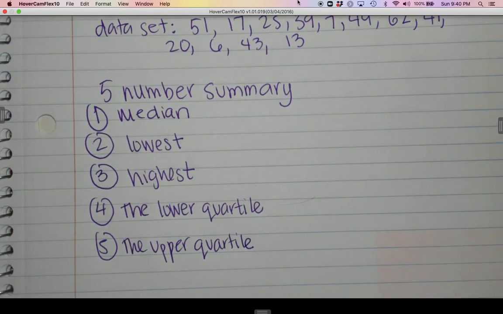And how we get the median, we already know. We put all the numbers in order and find the number in the middle. The lowest is the lowest number, highest is the highest number.